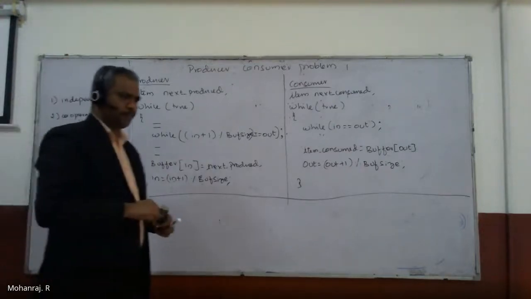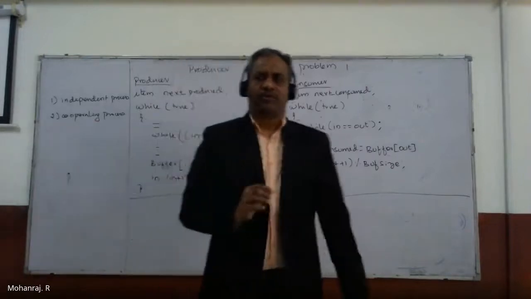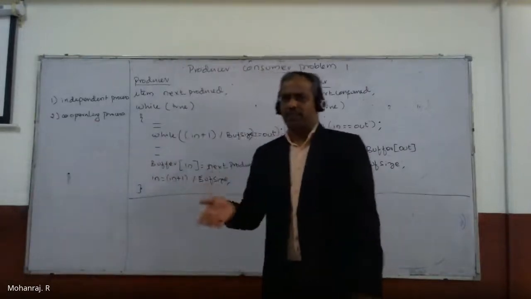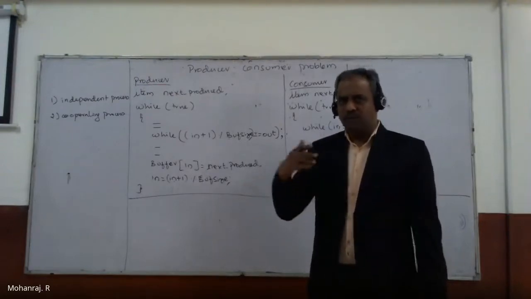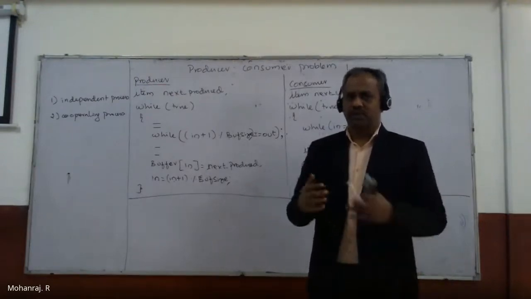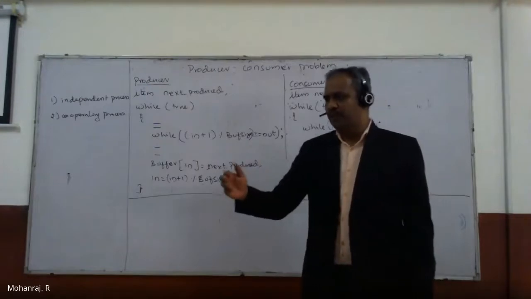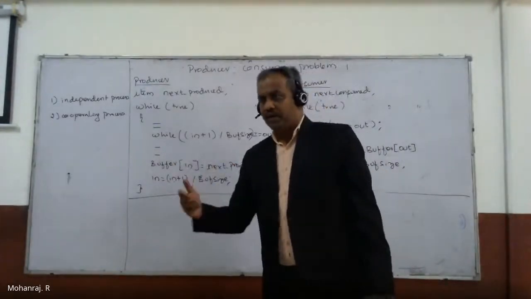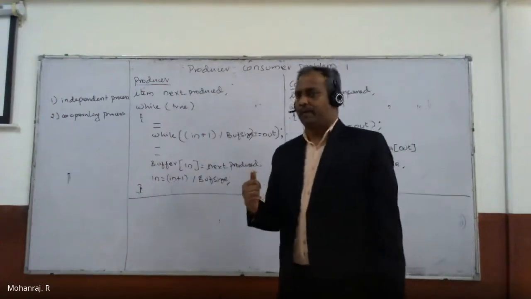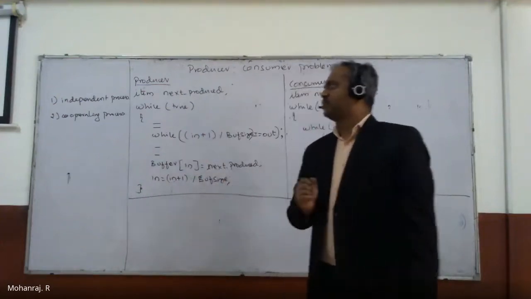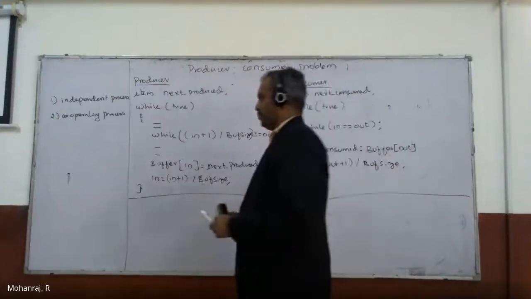An independent process cannot be affected by any process, and that process won't affect any other process during the course of execution. That is, it won't try to communicate with other processes, and it won't let others communicate with itself, right? The second category of process is called cooperating process.